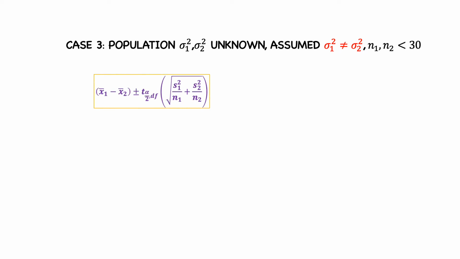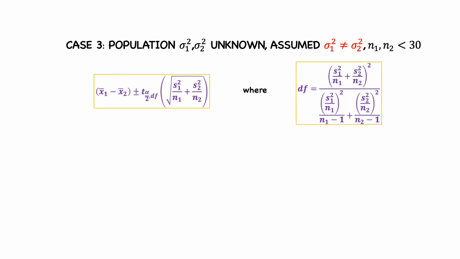Since the sample size is less than 30, you should remember that we are going to use the t statistic. This is the formula for the confidence interval for the difference between two population means when we assume the variances are unequal. The formula is x bar 1 minus x bar 2 plus minus t alpha over 2, degrees of freedom, times the square root of s1 squared over n1 plus s2 squared over n2, where the formula for degrees of freedom df equals (s1 squared over n1 plus s2 squared over n2) to the power of 2, over (s1 squared over n1) to the power of 2 divided by n1 minus 1, plus (s2 squared over n2) to the power of 2 over n2 minus 1.